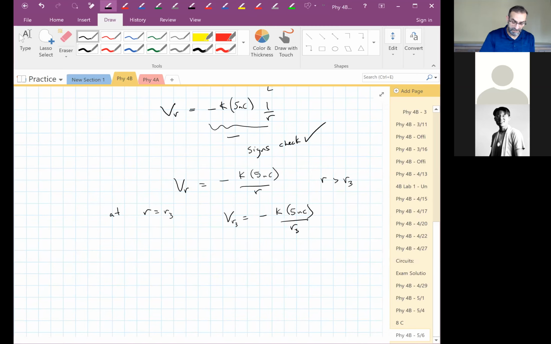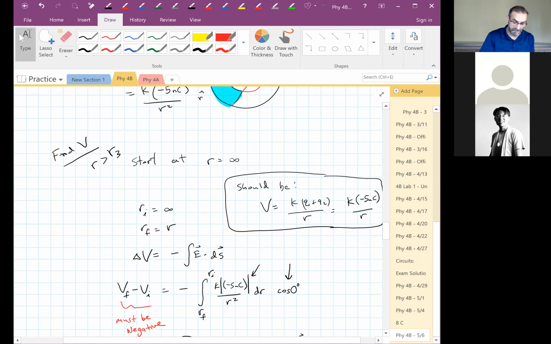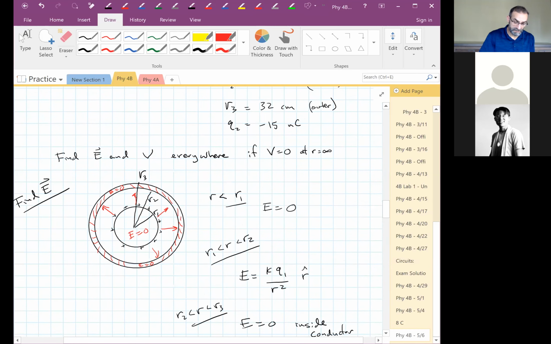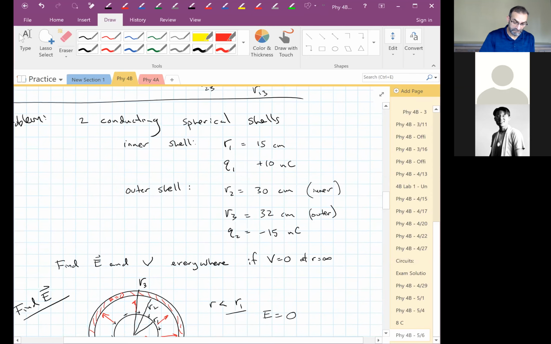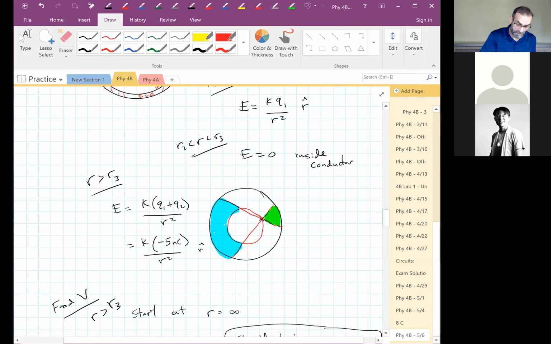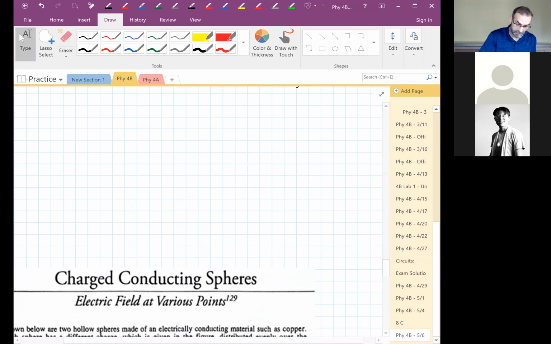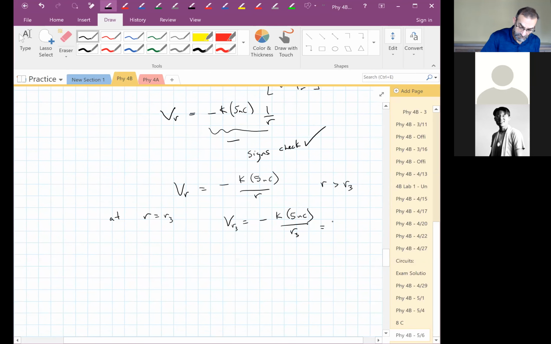It was given, what was it? 17. 32. Units are a mess in this, but anyway. If you get all your units right, you'll find the voltage. Okay, so that's it there.